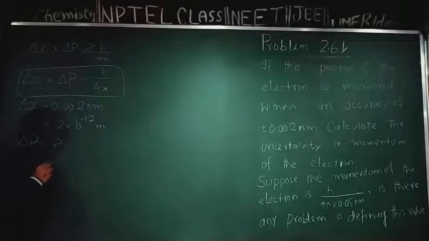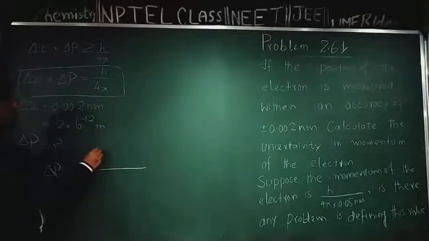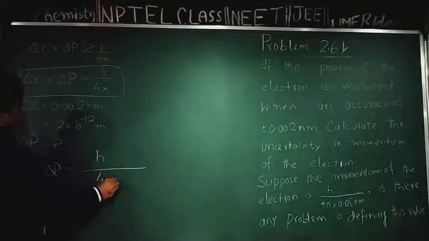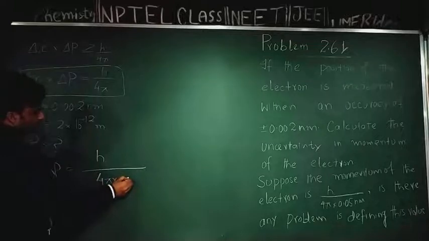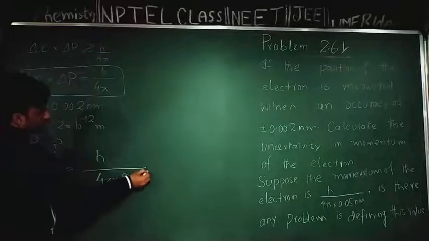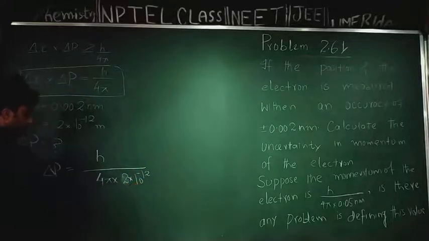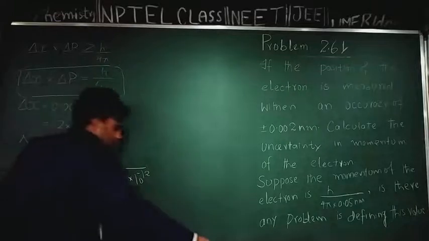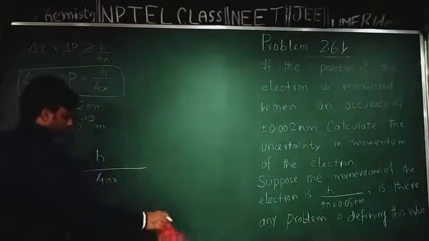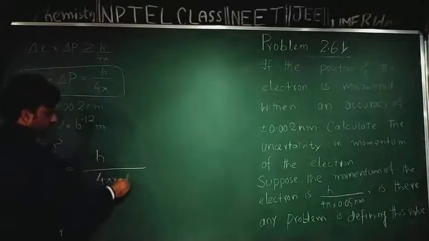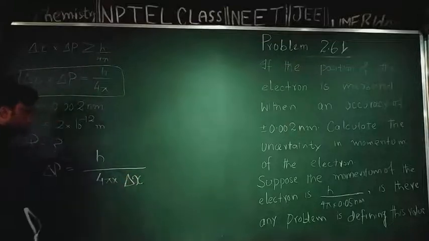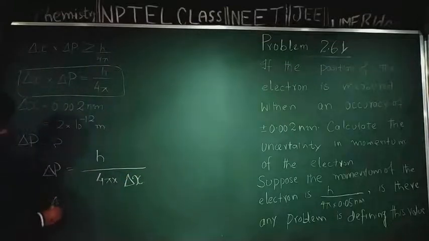Delta p, uncertainty in momentum, will be equal to h divided by 4 pi into uncertainty in position delta x, which is 2 into 10 to the power minus 12. Now I will substitute values.